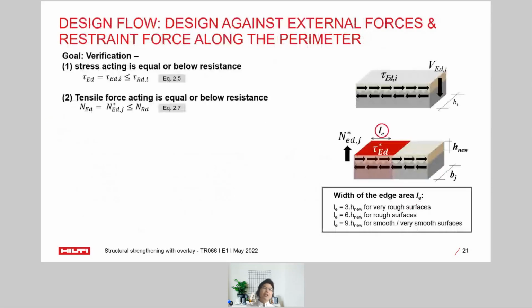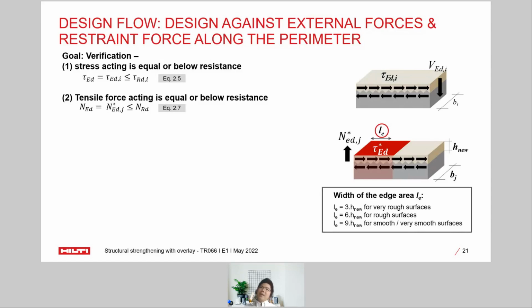The ultimate goal is the verification that, first, the acting shear stress is equal to or below the shear resistance, and at the same time, the tensile force acting on the shear connector is also equal to or below the resistance.